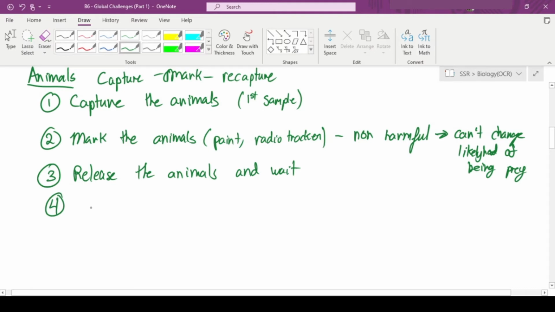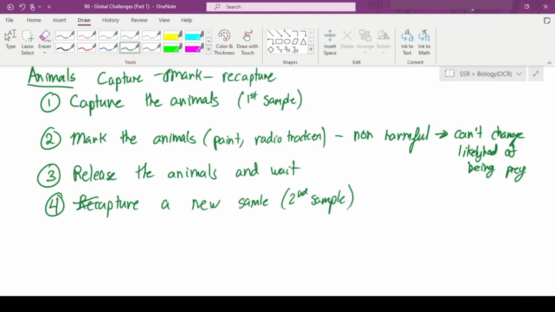The idea is that they remix with the population before we go in and recapture. Although you're getting here just a general new sample, and this we call your second sample. So really the word recapture isn't great here. It is a capture of a new sample that we're doing.